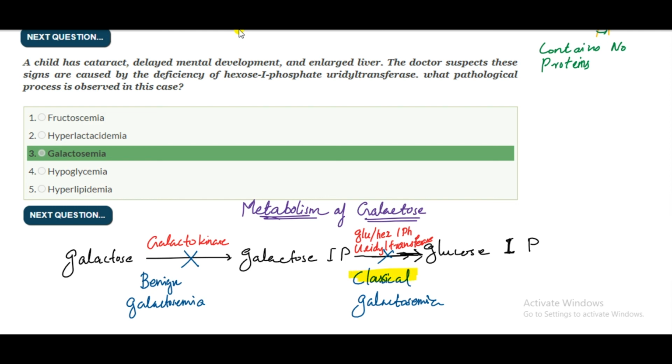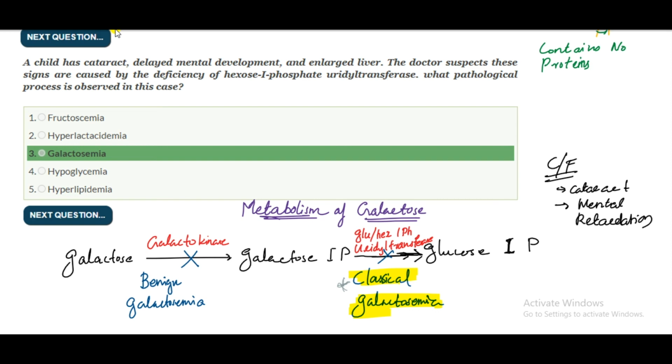Okay, understand? Deficiency of this enzyme leads to classical galactosemia. Classical galactosemia. This is the most severe and most common presentation, and also in KROK exams most of the time they ask about this pathology and this enzyme.